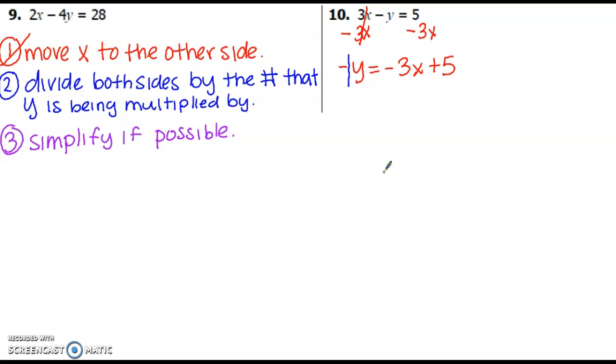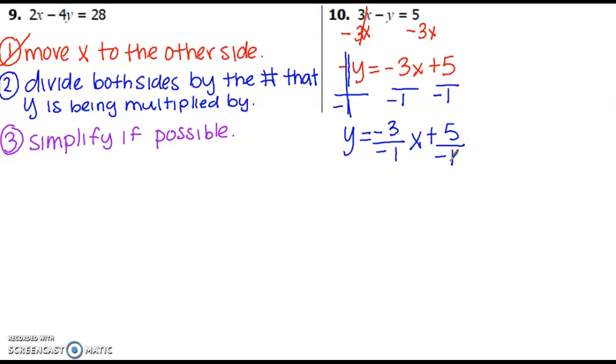Which means in order to get rid of that negative, we have to divide 3 times by negative 1. Negative 1 there, negative 1 there, and negative 1 right there. This gets canceled. We are left with y equals negative 3 over negative 1x plus 5 divided by negative 1. Step number 2 is completed.